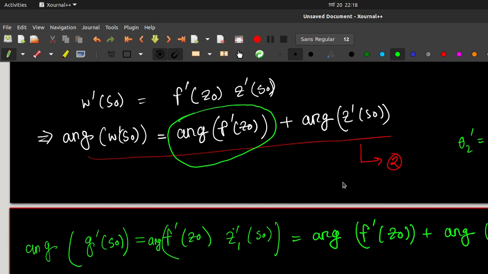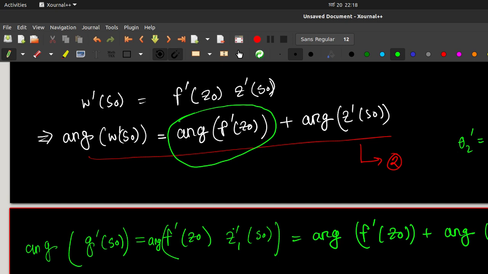Then if you call it equation 3 and subtract one from the other, you would have argument of g prime of s0 minus argument of w prime s0 equals argument of z1 prime s0 minus argument of z prime s0, right?